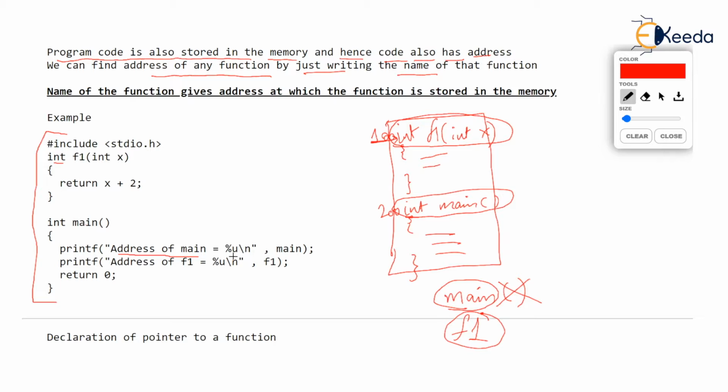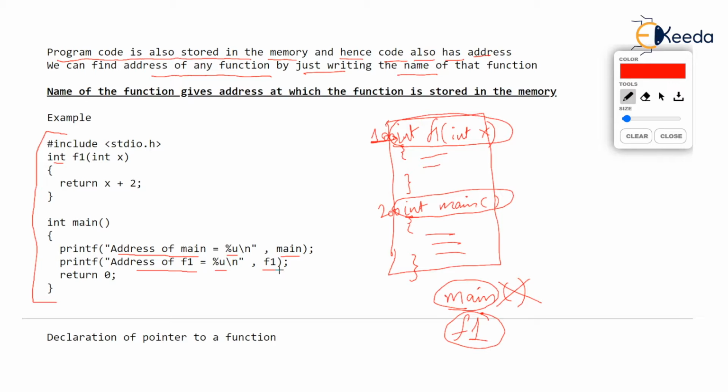And only the name of the function without any parenthesis is going to give the address of main. Similarly, I am trying to get the address of f1, which is also a function, and the address is printed with %u, and I'll only write the name of the function. So the output of this code may be: address of main is 100, address of f1 is 200.